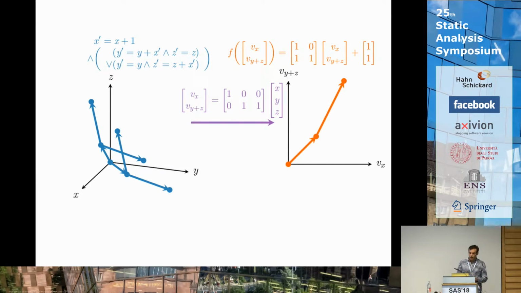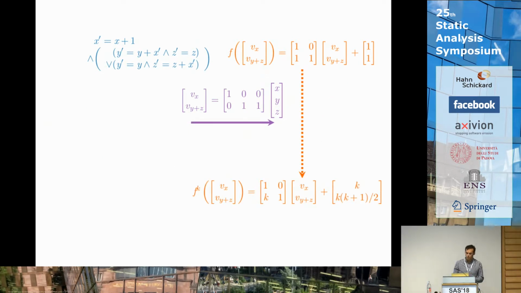All right, so affine transformations are great. We've been studying them for hundreds of years, and we have a pretty good idea of how to analyze their dynamics. So in particular, there exist methods that I can use to compute a symbolic representation of the k-fold composition of this function f.